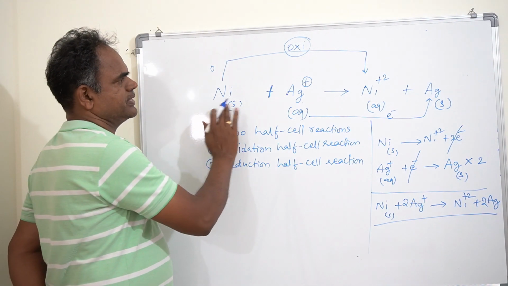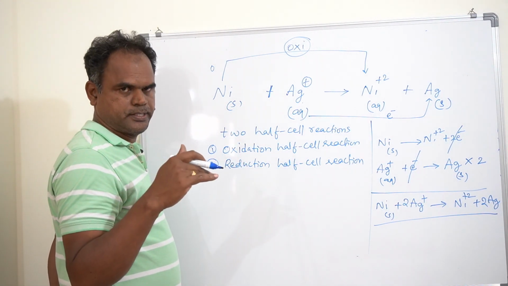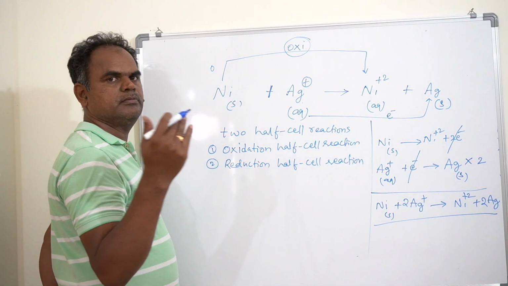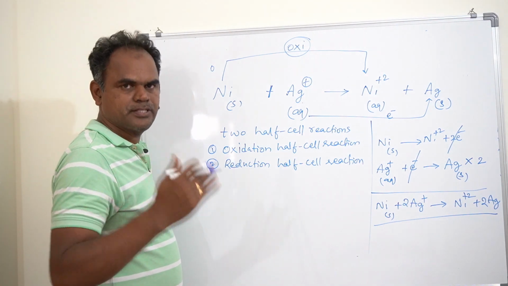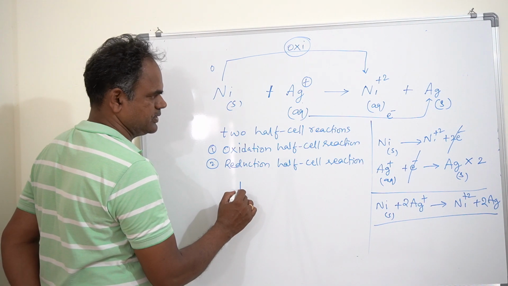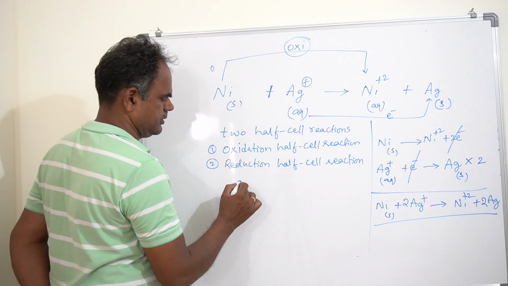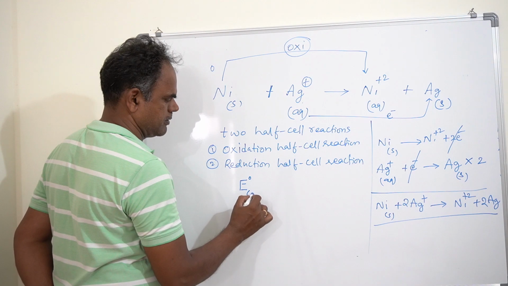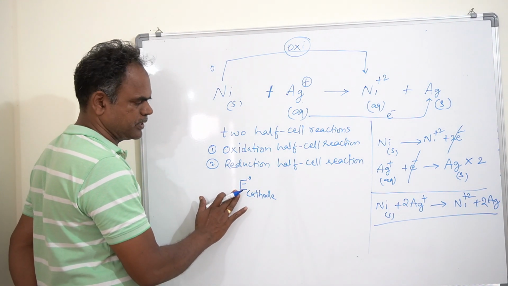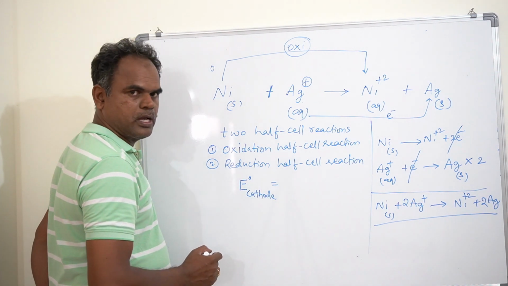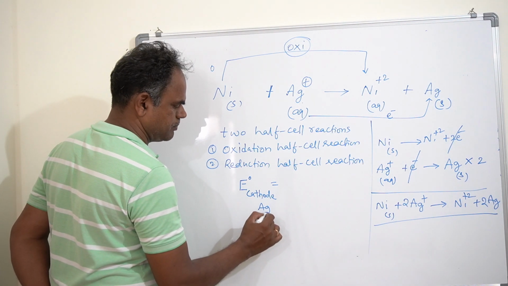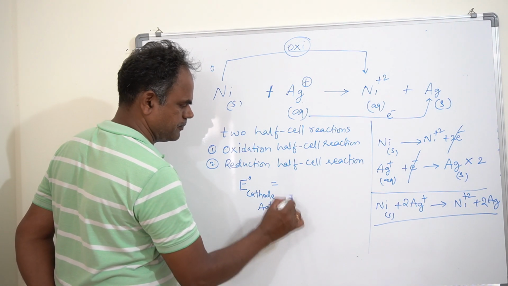So how do we check whether this reaction is spontaneous or not? We have to note down the electrode potentials. First, the standard electrode potential of the cathode. The cathode here is Ag+ changing into Ag.